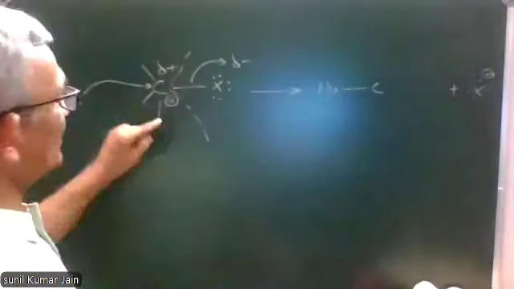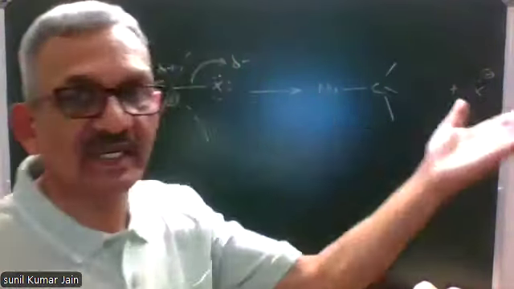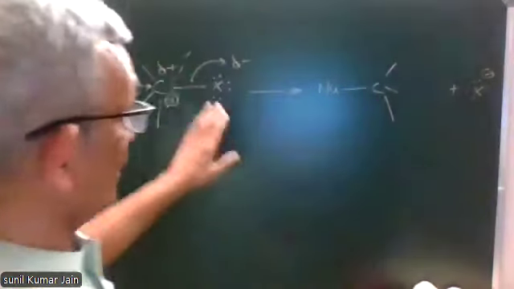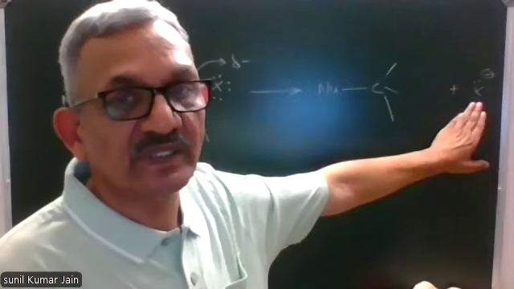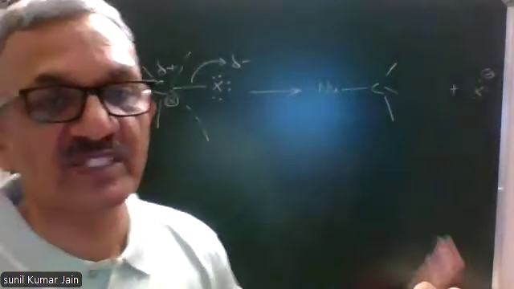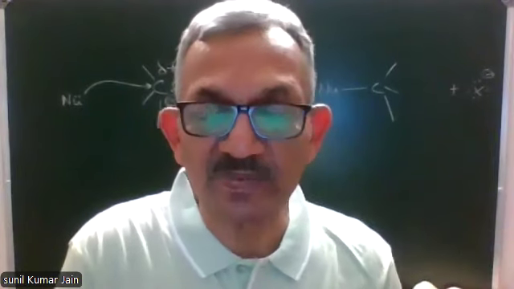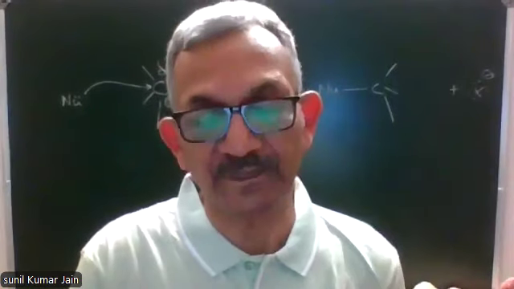And these three bonds will remain intact. These may be inverted like the umbrella in a storm, right? Nucleophile replaces halogen. That is why this type of reactions are called nucleophilic substitution reactions, because a substitution reaction has taken place with the help of a nucleophile.